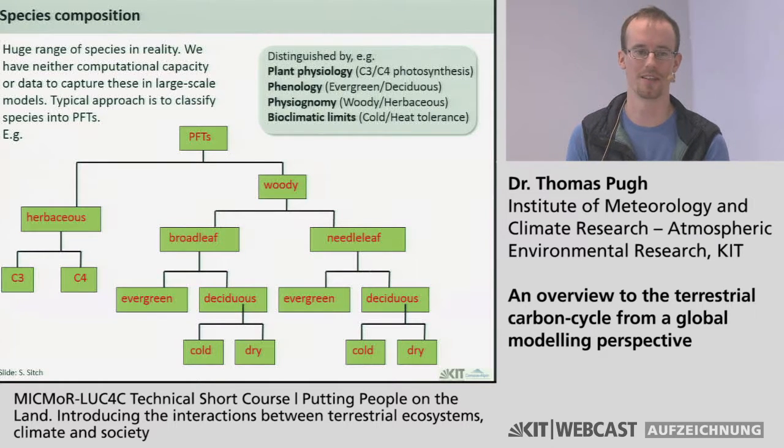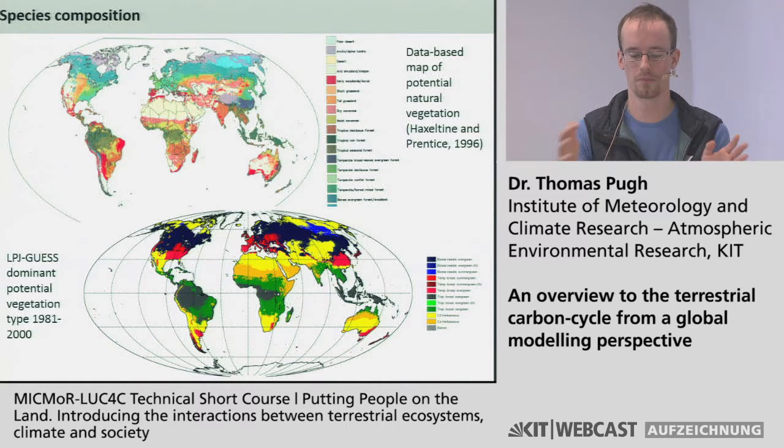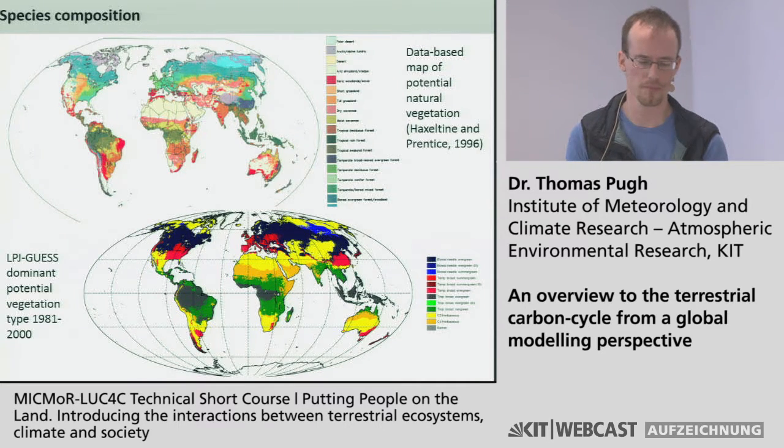And you can immediately see that there's a huge simplification there. We can broadly get the general distribution of these plant types, but it raises questions of resilience. There's a lot of evidence that if you have many different strategies in an ecosystem, many different species following different routes, then that ecosystem is more resilient than if you have one type, as we do in these models.